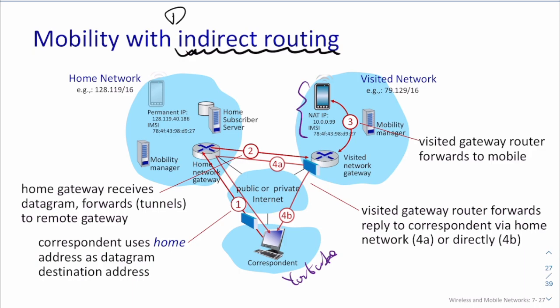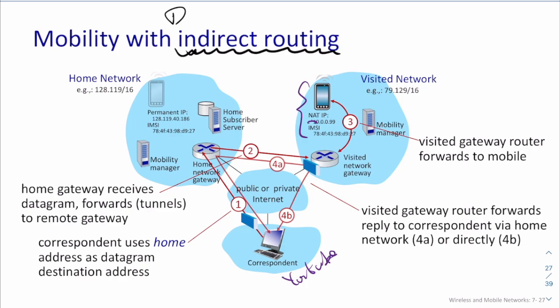No matter whether it is a public IP address, for example the visit network gateway gives you a 79.129 public IP address, or a private IP address, because the visit network gateway can act as a NAT server, so you can get a NAT IP address. No matter what, the visit network gateway knows where you are and what your current IP is, so they can deliver the content to your current IP address, which is step number 3.